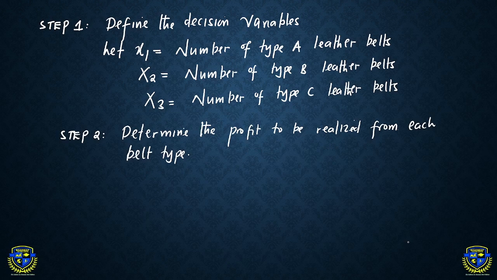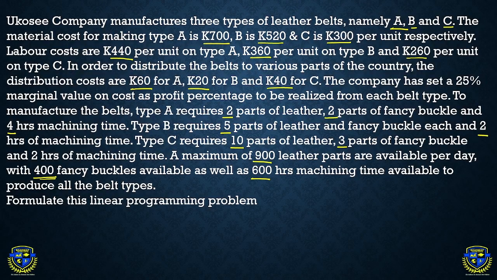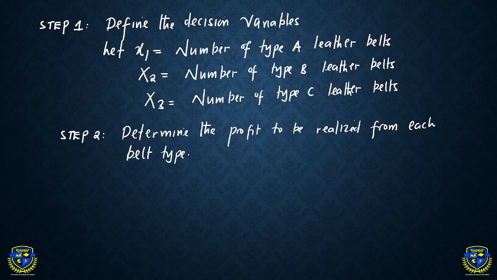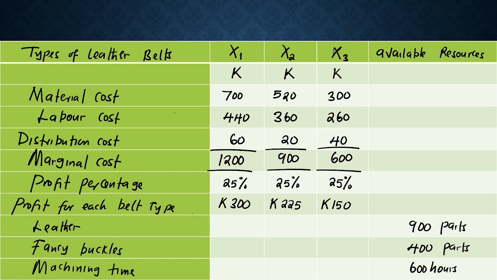Okay. So let's look at this question very well. Type A needs 2 parts of leather, 2 parts of fancy buckles, and 4 hours of machining time.